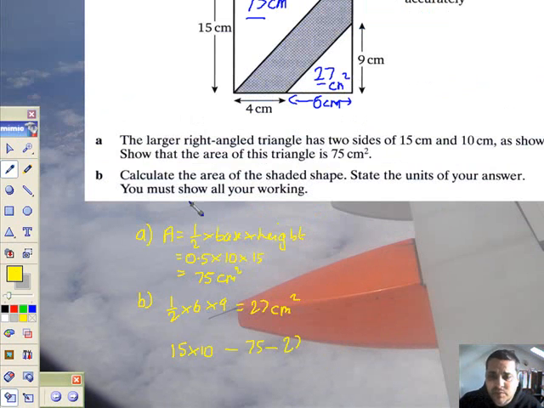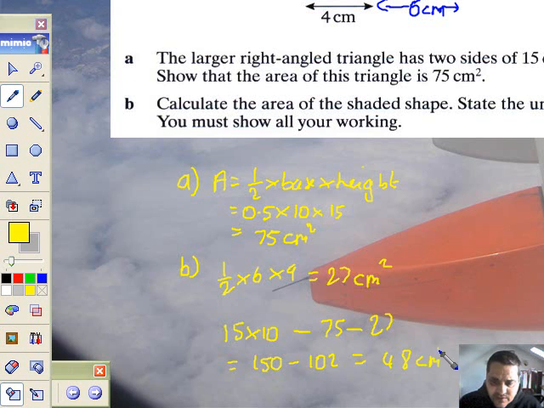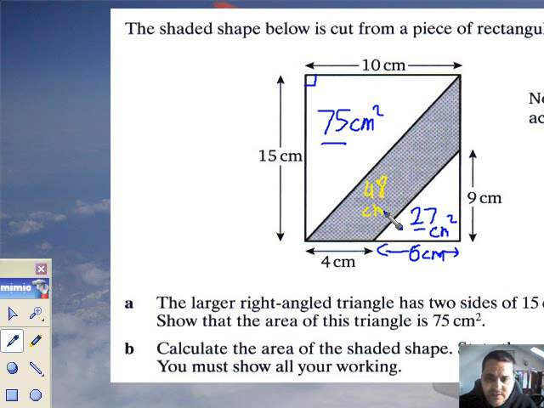That'll give me the leftovers, which belong to this trapezium here, and that's going to be 150 take away 102, and that's going to leave me with 48 centimeters squared of area that are dedicated to this trapezium. So I'm going to put here 48 centimeters squared.